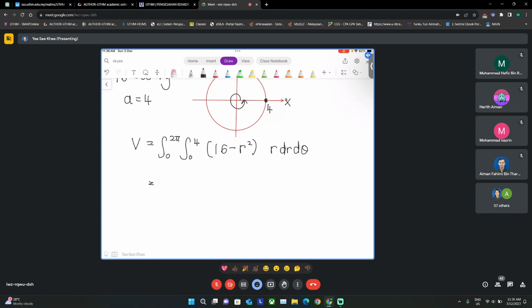So you get 64 here, 64 pi d theta. So you get 128 pi. And this is unit cube because it's the volume.